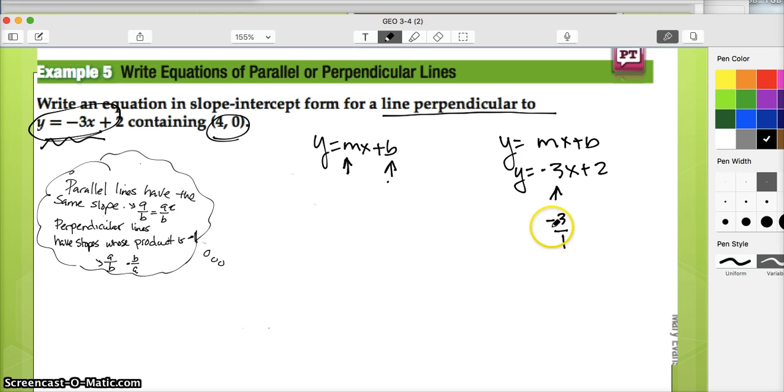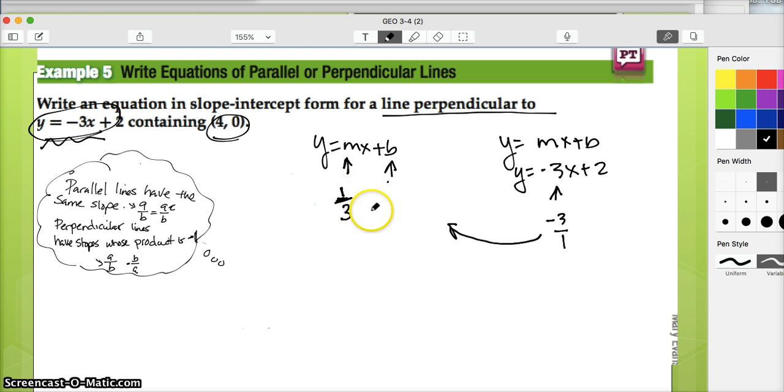This is the slope of the line that it is perpendicular to. Therefore, the slope of the line we're looking for has to be the opposite reciprocal, or flip it and change the sign, or the number that's going to make the product of this and that number -1. Kind of a mouthful, but the slope that we're looking for is going to be positive 1/3.